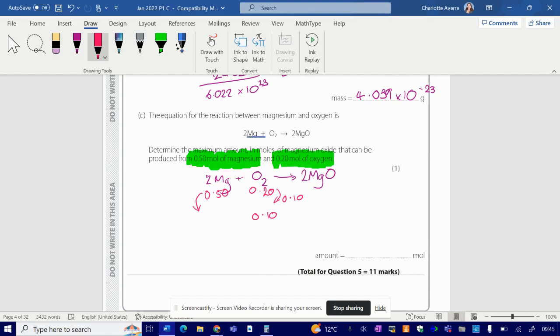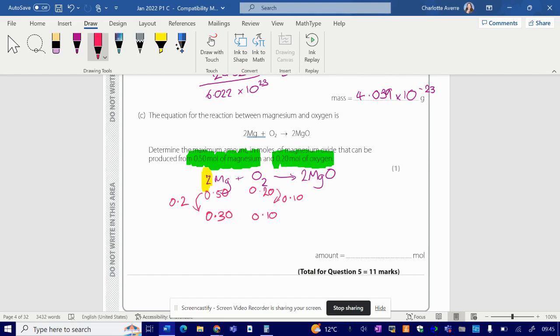The magnesium that reacts with that oxygen, in front of the magnesium is a 2. Which tells me that I am going to have 2 moles of magnesium reacting for every 1 mole of oxygen. So if I react 0.1 moles of oxygen, I will react 0.2 moles of magnesium.